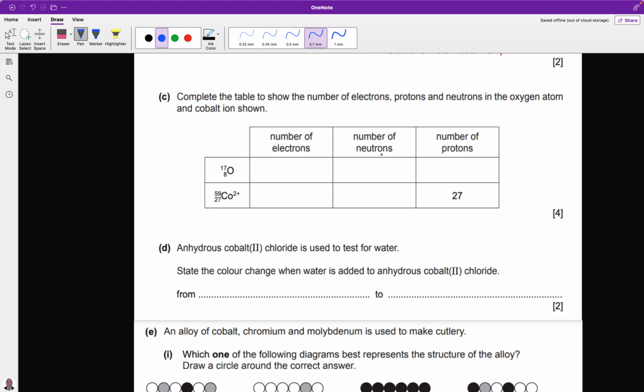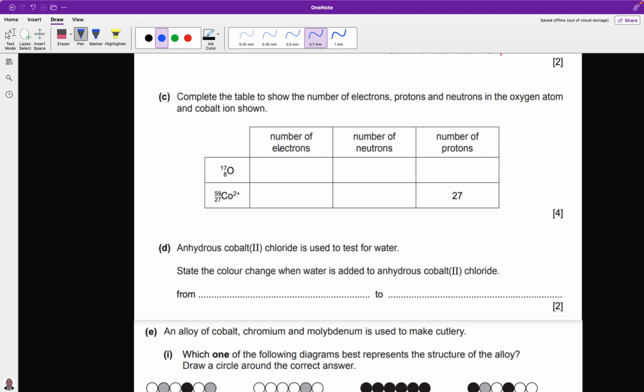Remember that the proton number is equal to the atomic number, and the atomic number is equal to the number of electrons. So let's proceed. Here, this is our proton number. Our proton number is equal to the atomic number, which is equal to the number of electrons.